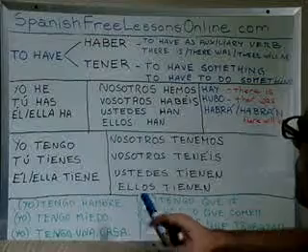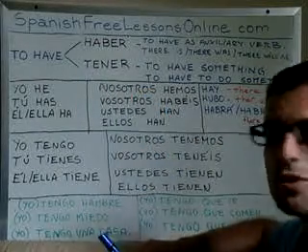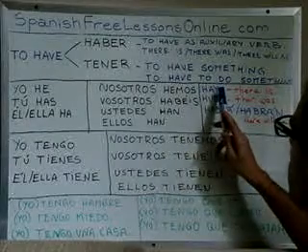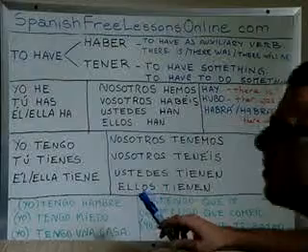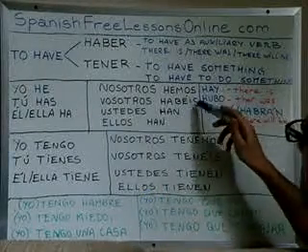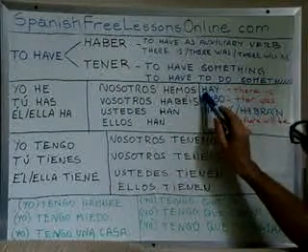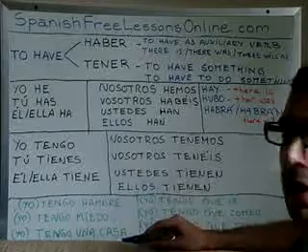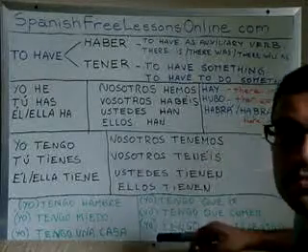So the verb haber has another function when we want to say there is or there have been, and it can conjugate in these ways. H-A-Y. Hay. That means there is.